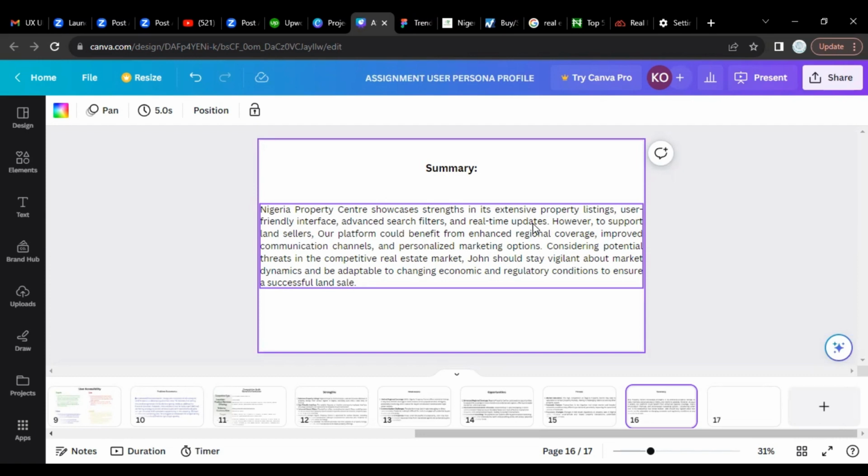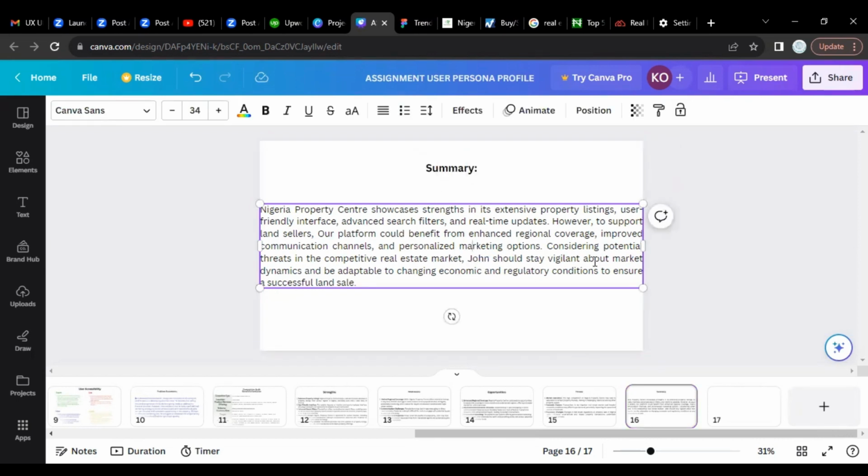Improved communication channels and personalized marketing options, considering potential threats in the competitive real estate markets. Very much true here. The initial John should stay vigilant about market dynamics. I think here is where our app name comes in, right?